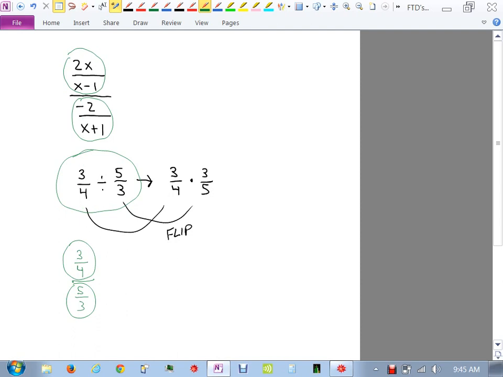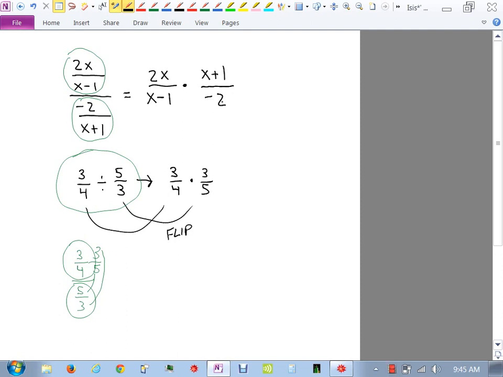And what it really turns out to be is that bottom fraction, 5/3, flipped up and put right next to the 3/4, isn't it? I'm taking this 3 and putting it up here, taking the 5 and putting it down here, and then multiplying across. That's what it really turns out to be. So this one is going to be the top, 2x over x minus 1, times the bottom one flipped over, x plus 1 over negative 2.